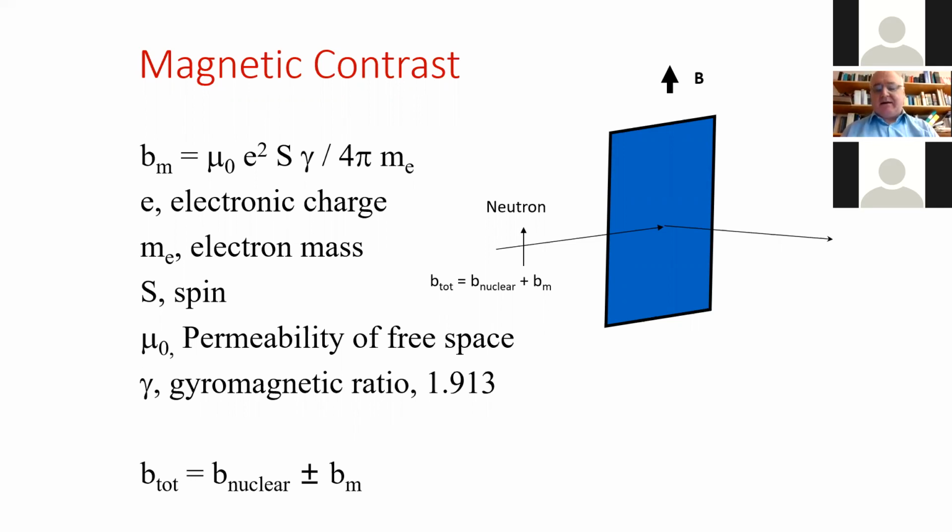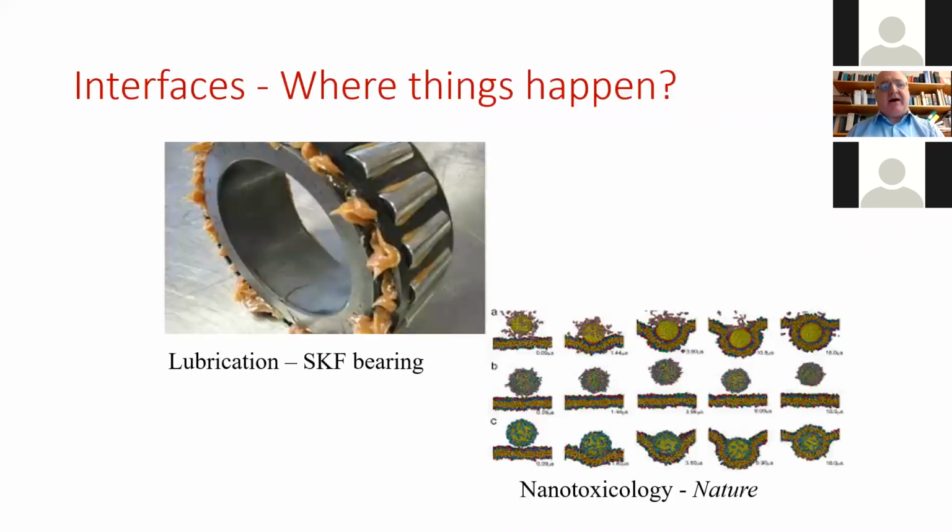Let's just give you this simple idea that you can combine the scattering length from the nucleus and the scattering length from the magnetic component, and it will either be plus or minus depending on the spin of the neutron. So I won't go into this further, and I see that we have many experts on this in the audience, and so we will leave it at that, but it's a very useful concept to bear in mind.